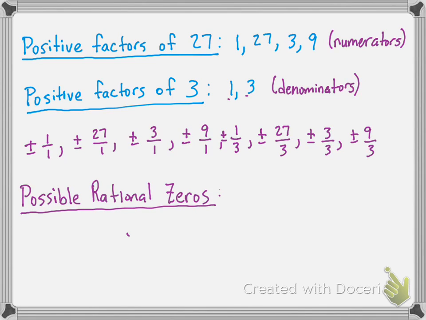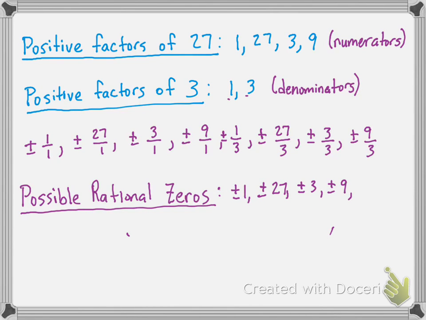All right. So if I go through, 1 over 1 is just 1. So we got positive or negative 1. Positive or negative 27 over 1 is 27. We have positive or negative 3 over 1, so positive or negative 3. Positive or negative 9 over 1, so positive or negative 9.